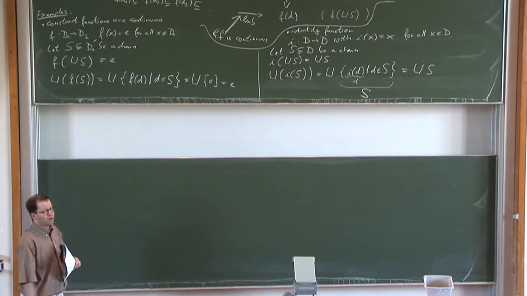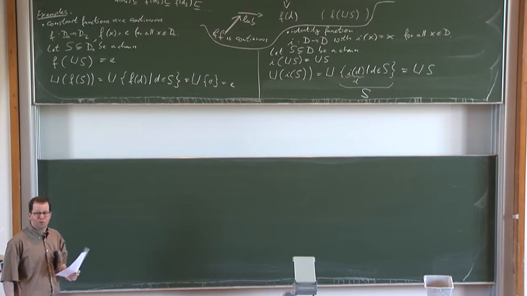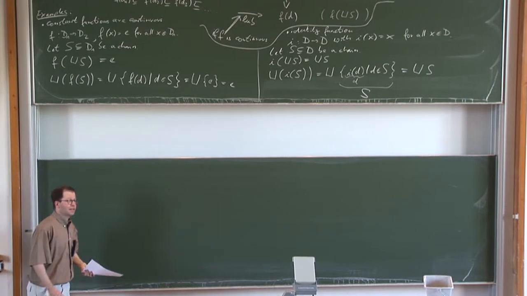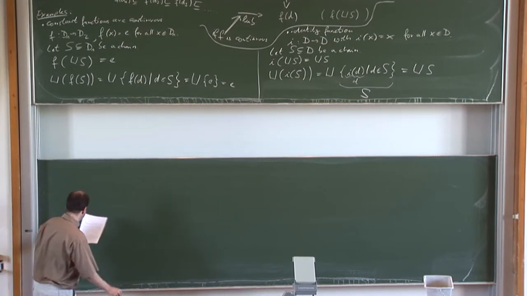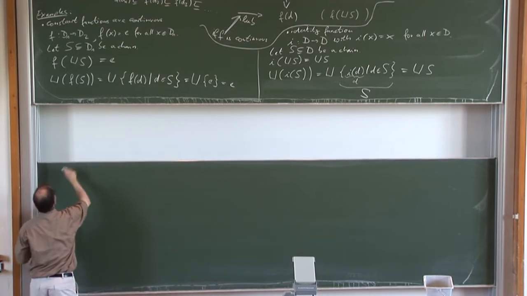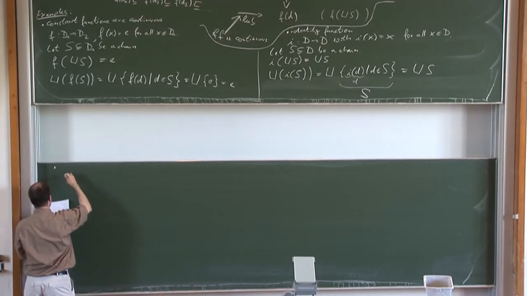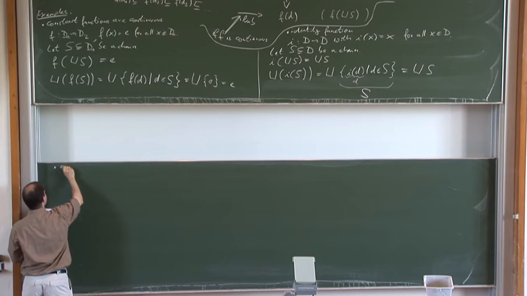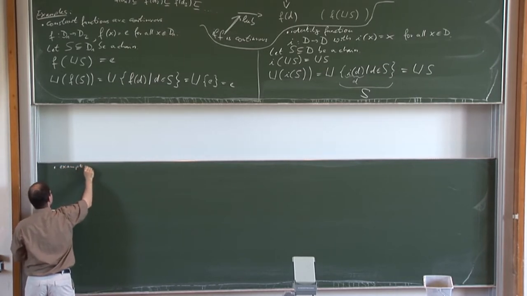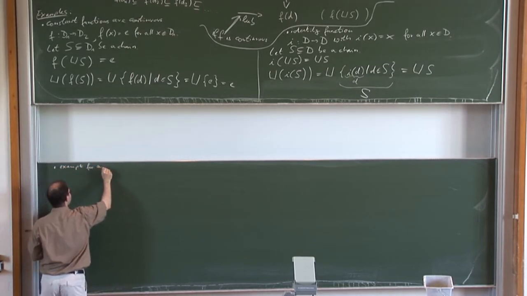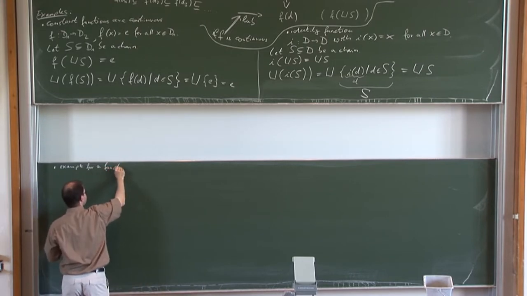I mean, up to now we have only seen functions that are continuous, so now the question is, how would a function look like that is not continuous? Here is a function which is not continuous. So this is an example for a function that is not continuous.